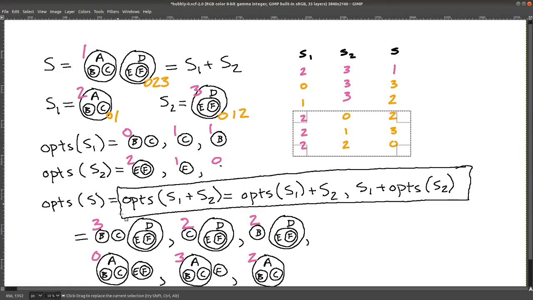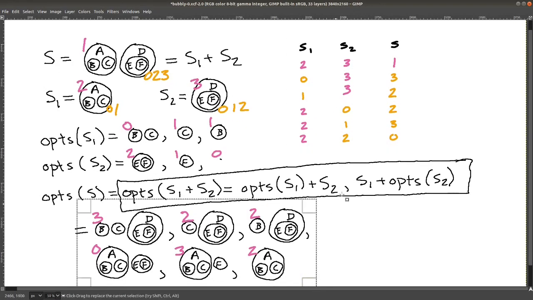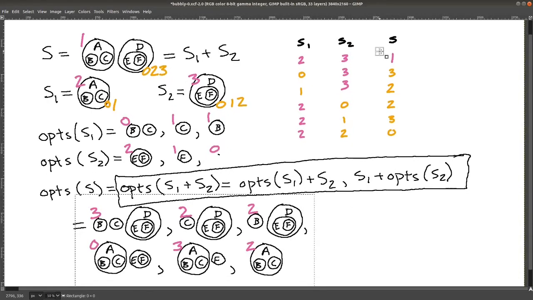And so that corresponds to joining up each of the options from S1 with the options of S2. So this is great. So we don't need to actually write out the options for anything like this in order to get the orange numbers for a combined state. We just need to combine the orange and pink numbers in the right way.